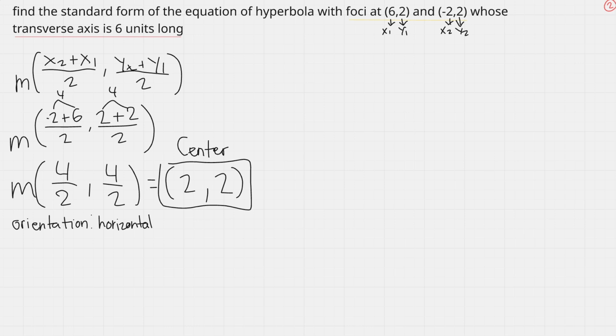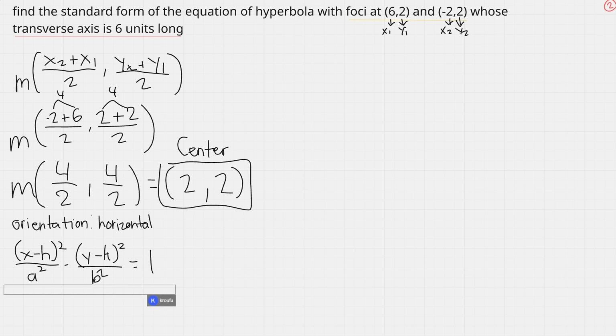So the equation will be (x minus h) squared over a squared minus (y minus k) squared over b squared equals 1. So this is the equation of our standard form.